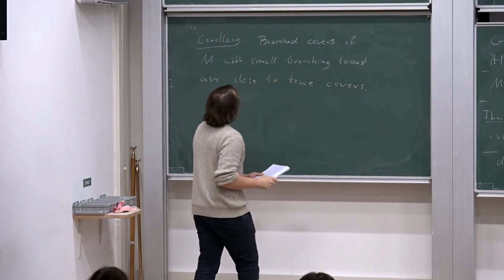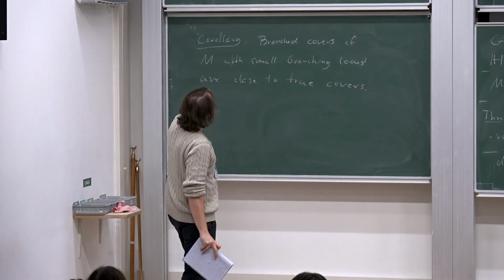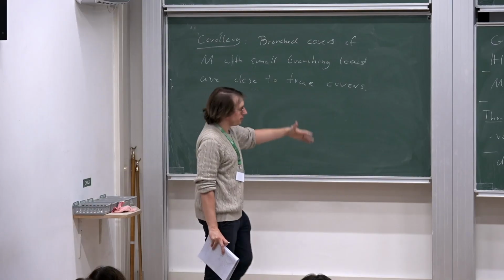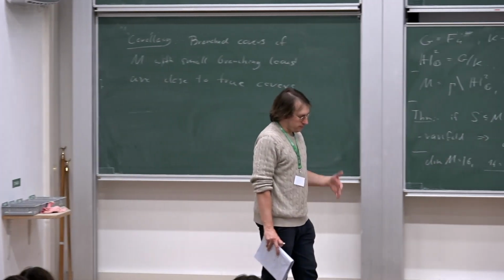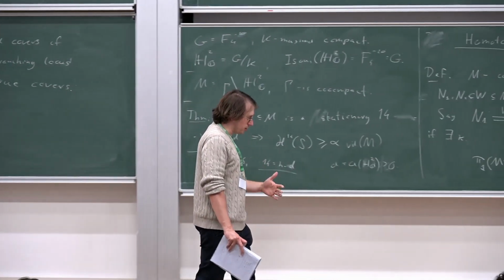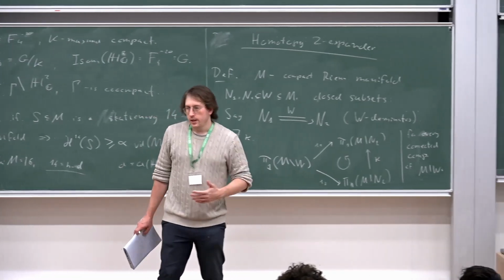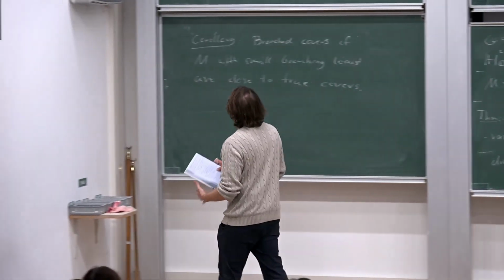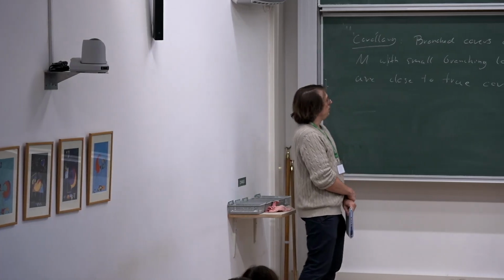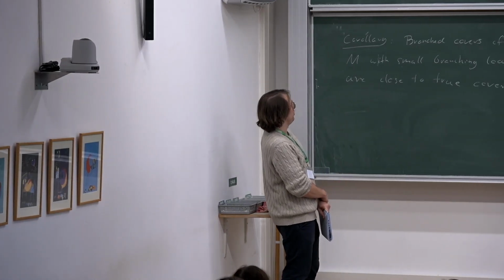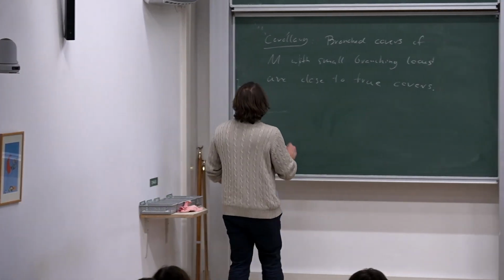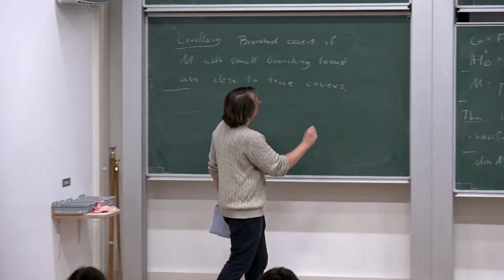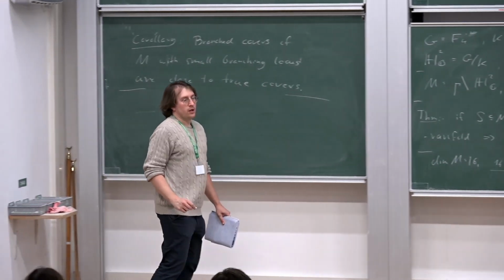And by closeness, I mean exactly this condition that you can cut a subset which is one dimension higher of volume which is still small compared to the total volume, and reconnect your thing to form a true cover of your manifold. When you say small branching locus, you mean averagely along the manifold?